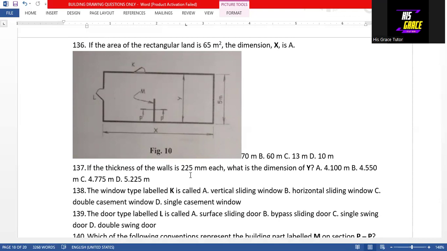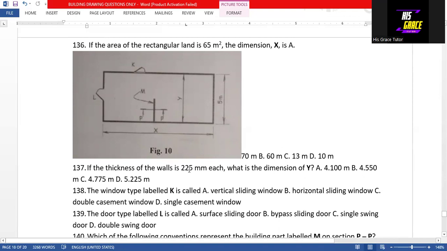Then we subtract: 5 minus 0.45 gives us 4.55. So the answer is option A to that question. So distance Y is 4.55.